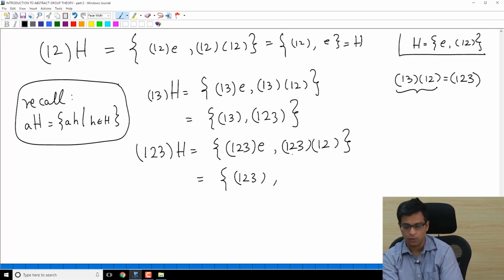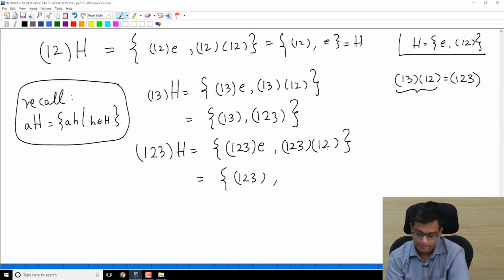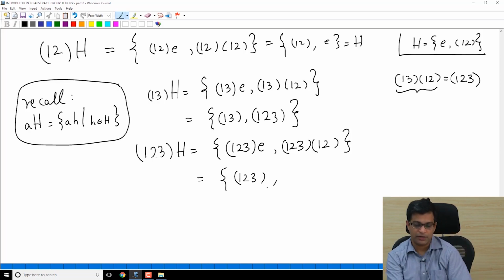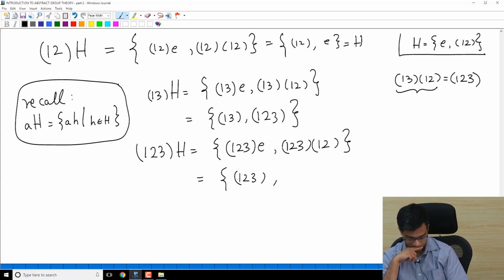Before I compute this product (1 2 3) times (1 2), let's look at the previous coset (1 3)H and (1 2 3)H. The coset (1 3) times H and the coset (1 2 3) times H have something in common: (1 2 3) is common to both of them. And remember our general theorem about equivalence classes of an equivalence relation, which applies to left cosets of a subgroup in a group.